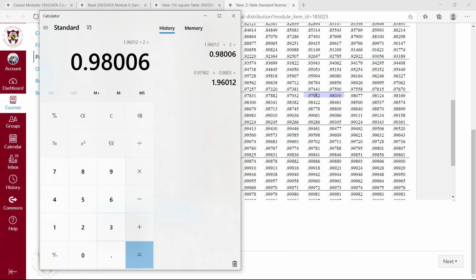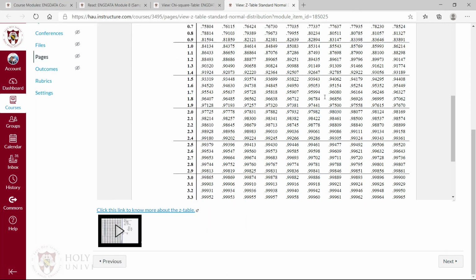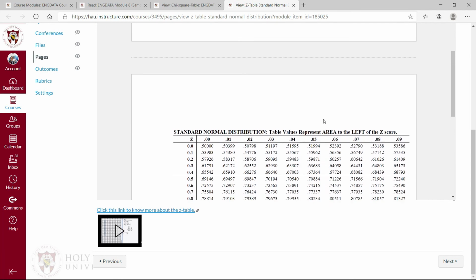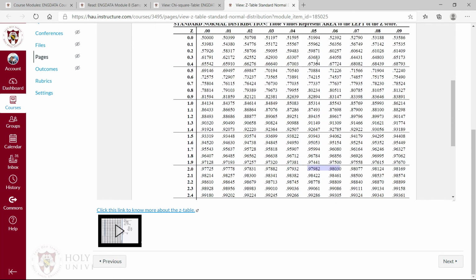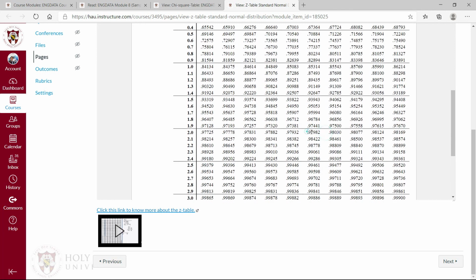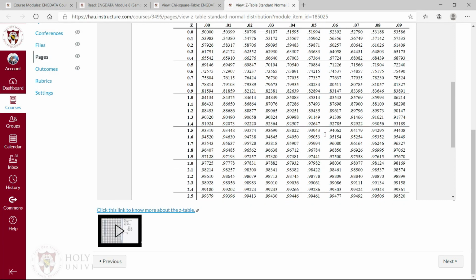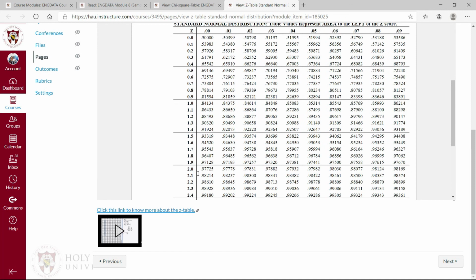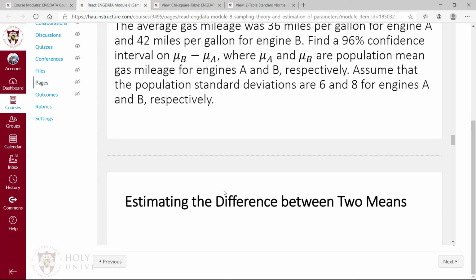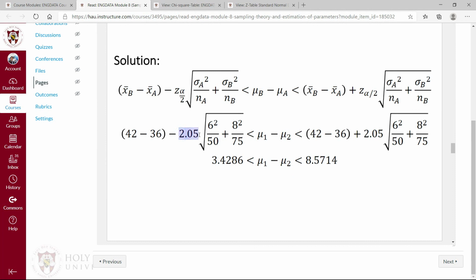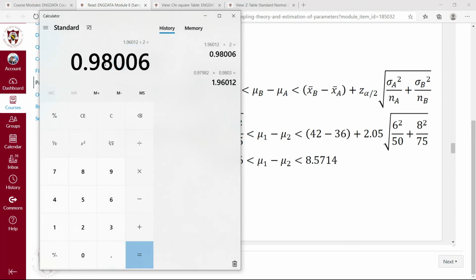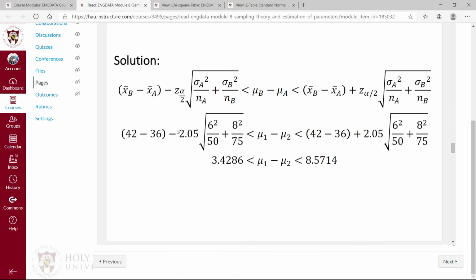So in between, probably 2.05. But because this exceeds 0.9806, exceeding 0.98, the exact value, we use 2.05.